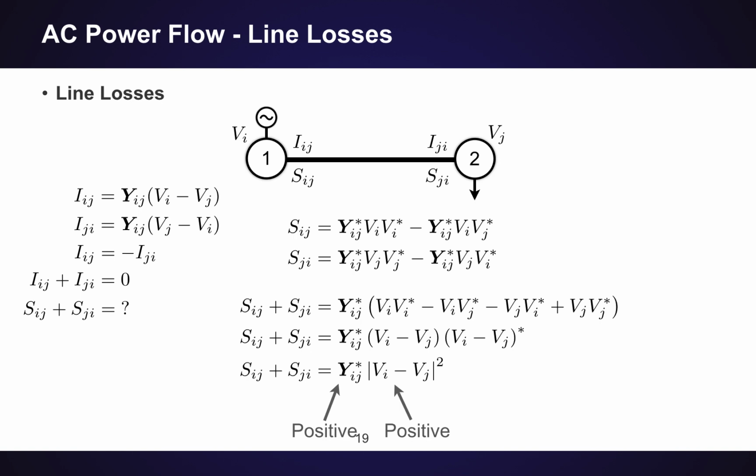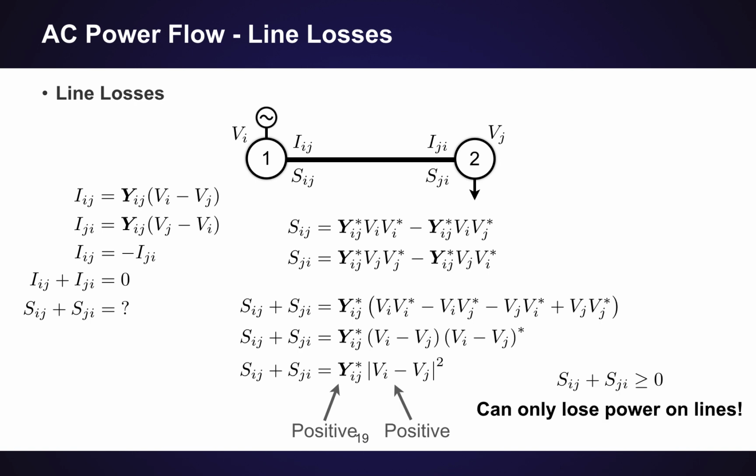The first thing you can observe is that the absolute square here, |Vi minus Vj|², has to be a positive number. So that's always a positive quantity. And in typical operating procedures, Y conjugate will be positive. Usually the G component, the conductance, is a positive value, and the susceptance will usually be a negative value, and you take the conjugate and that turns the susceptance into a positive value.